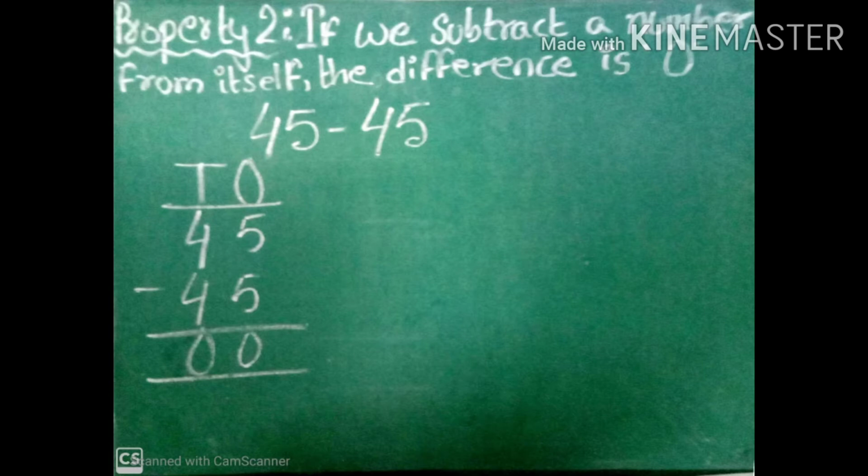If we subtract 45 from 45, we get 0. That means 5 minus 5: if we give 5 and take away 5, nothing is left, that is 0. Likewise 4 minus 4 is 0. So 45 minus 45 is 0.